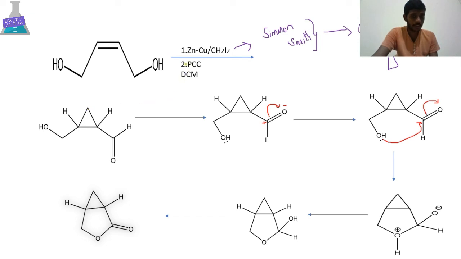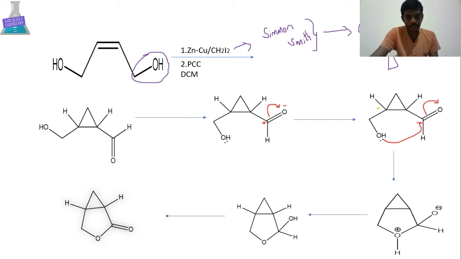And the second step is PCC in presence of DCM. This primary alcohol is converted to aldehyde. After that, this bond will come over here, forming O minus and forming the positive charge over here.